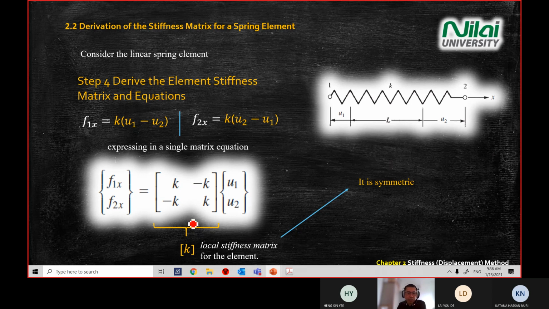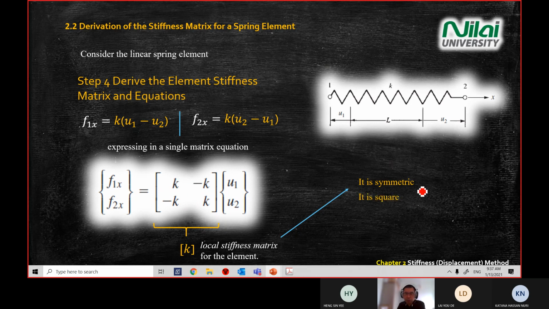So if you look at this format, you get k, k, negative k, negative k. The diagonal direction is the same. This kind of matrix behavior, we call it a symmetric matrix, which means the diagonal is the same. And also it's a square.